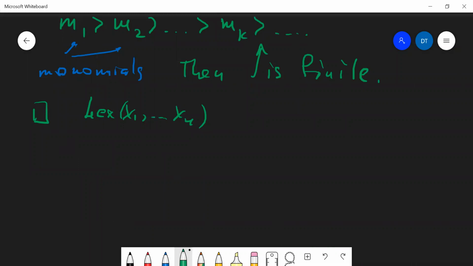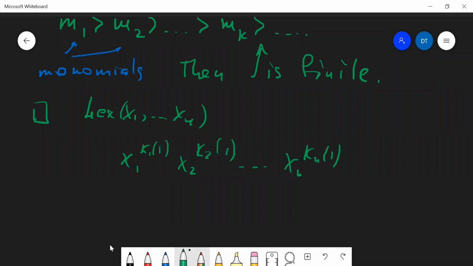Now, suppose that the contrary holds, and we have an infinite descending chain of monomials. Okay, let's take a look at the chain. For example, we have something like that. M1 is, let me write this down, and then I will explain all the notation.